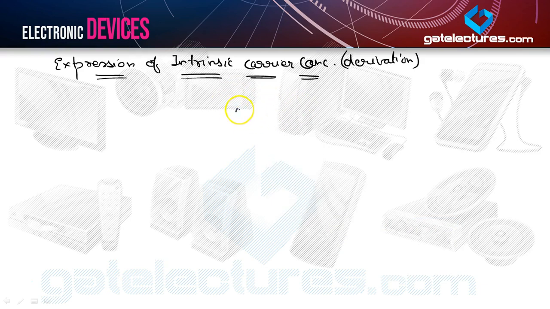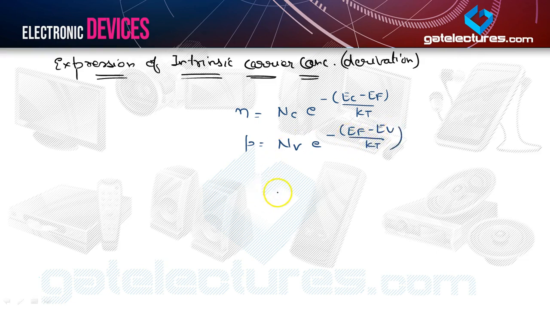So for an intrinsic semiconductor, the electron concentration is given by Nc e to the power minus (Ec minus Ef) upon kT, and the hole concentration is Nv e to the power minus (Ef minus Ev) upon kT. Okay, this is 1 and this is 2.